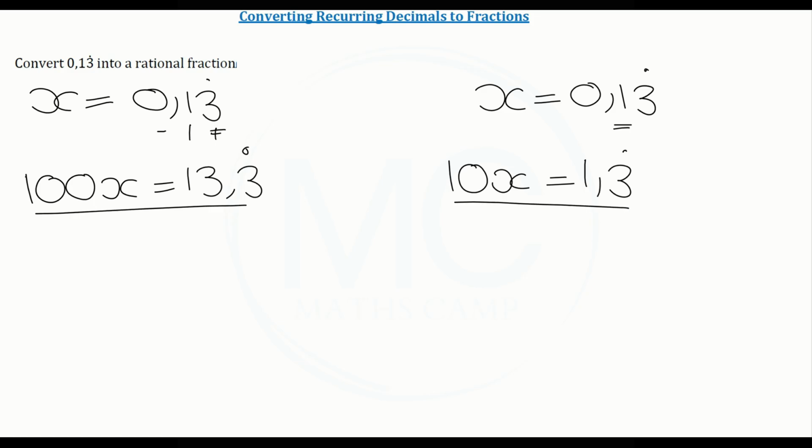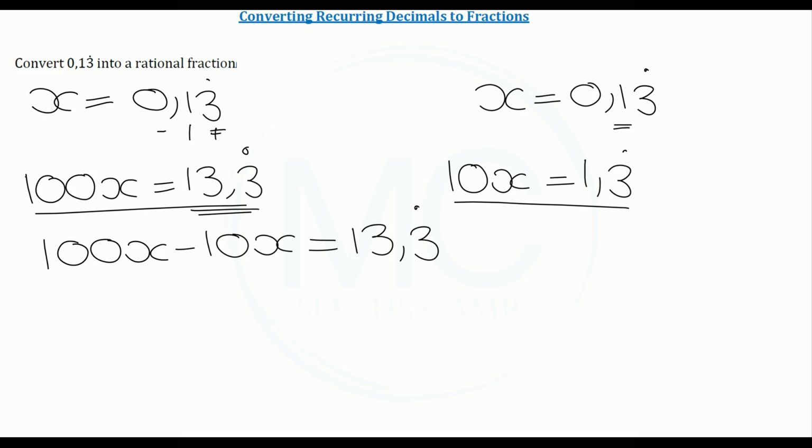So let's start by subtracting the x value of equation 2 from equation 1. And we say 100x minus 10x is equal to the value of equation 1, 13.3 recurring, minus the value of equation 2, 1.3 recurring.